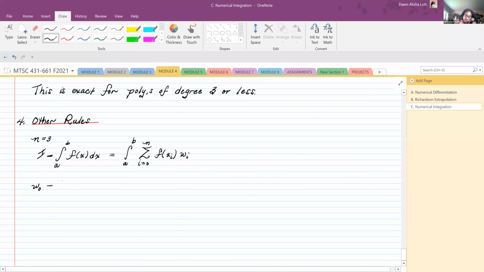As we know, it's going to be the integral from a to b of L naught of x dx. And that's going to be the integral from x naught to x3.